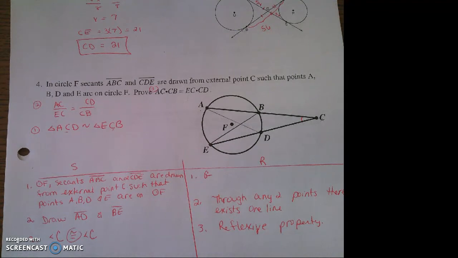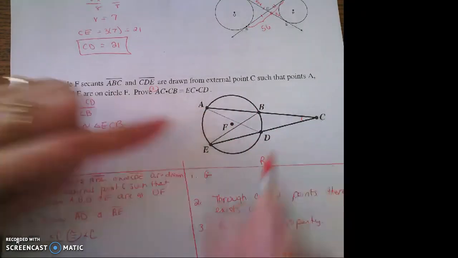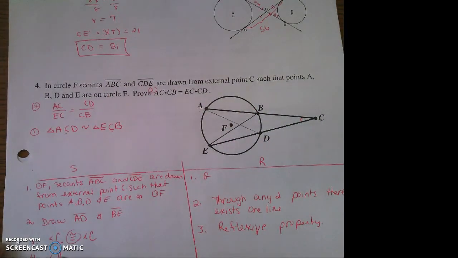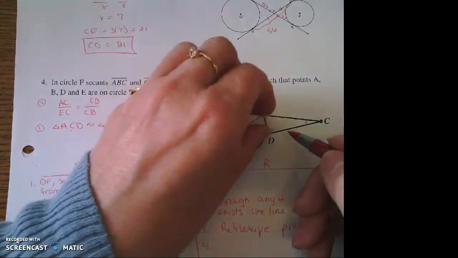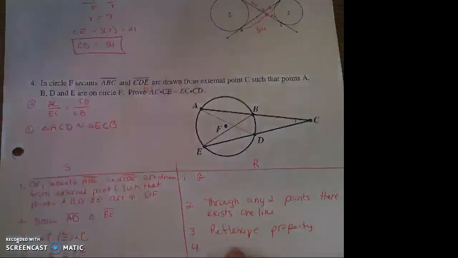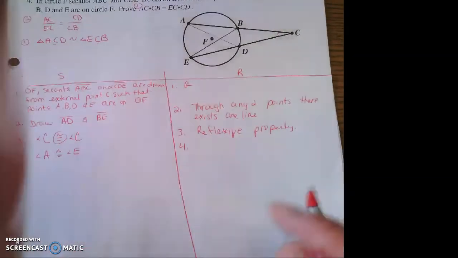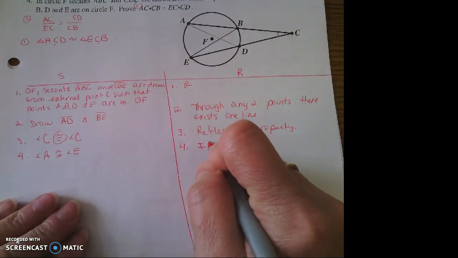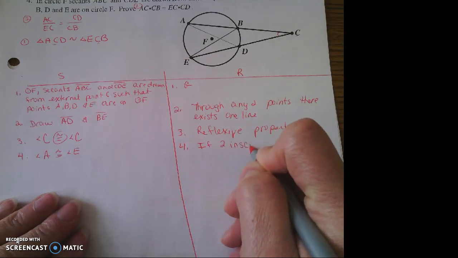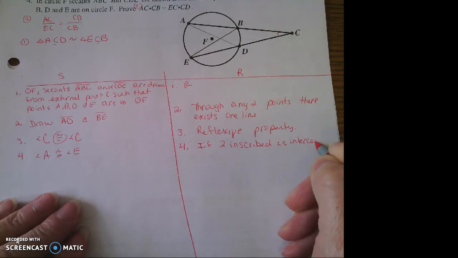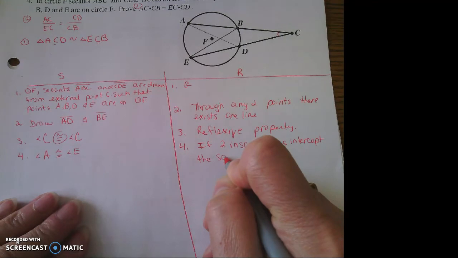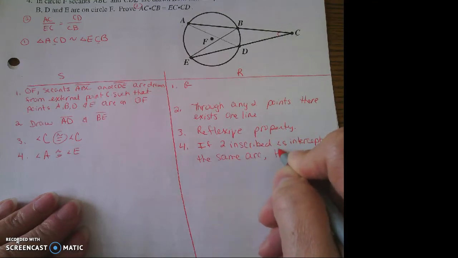Okay, next easiest thing to do is to get angle A congruent to angle E. Do you see why? Angle A is an inscribed angle, it goes to arc BD. Angle E is an inscribed angle, it goes to the same arc. So we're going to use that same theorem we used in the other proof. If two inscribed angles intersect the same arc, they are congruent.